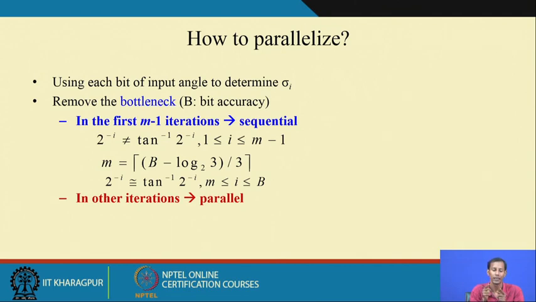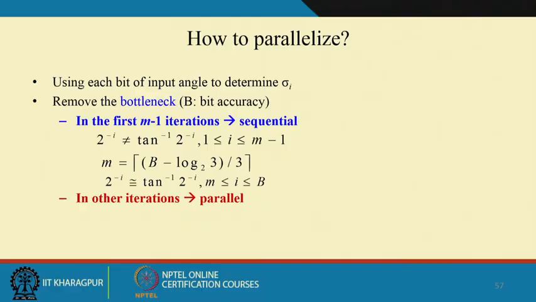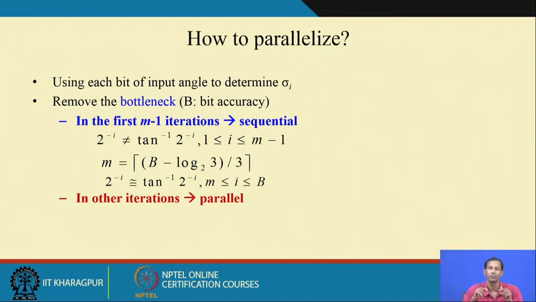So, obviously, if it is below 45 degrees, the sign will be -1. The input angle is given to me and the elementary angle is also known to me. So, considering those facts, can I calculate each of these sigma from the beginning? I can do that.